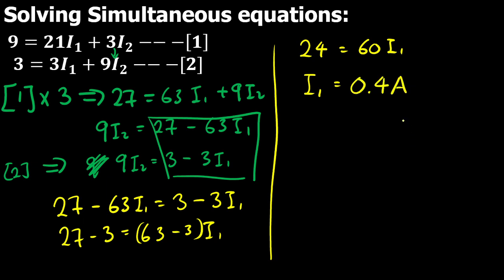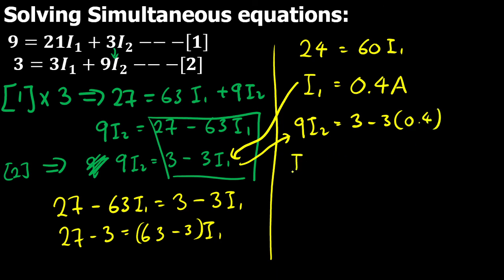Okay? Good. So once we have that, we can substitute this value into here and get I2. So 9I2 is equal to 3 minus 3 times 0.4, since I know I1 is 0.4. Dividing by 9, what I will get, drumroll please, is 0.2 ampere.